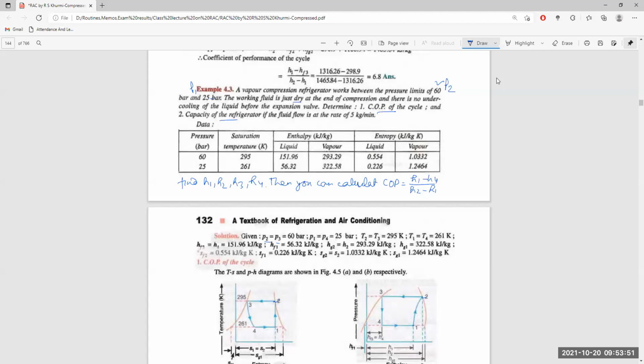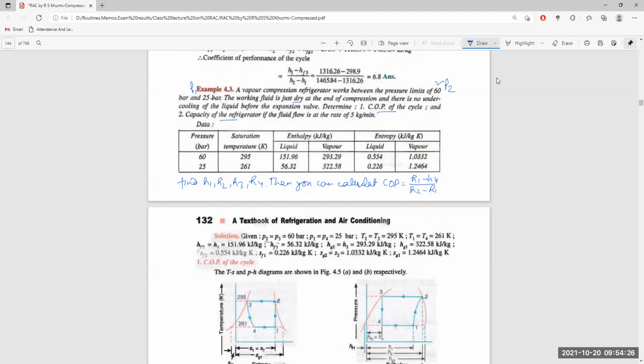There are other things given: enthalpy at liquid and vapor, and entropy at liquid and vapor, at two different temperatures. At the higher temperature it is in liquid form, and at the lower temperature it is in vapor form. So what the chart tells us is that HF3, which is this point here, is more or less equal to H4, since they are on the same vertical line.